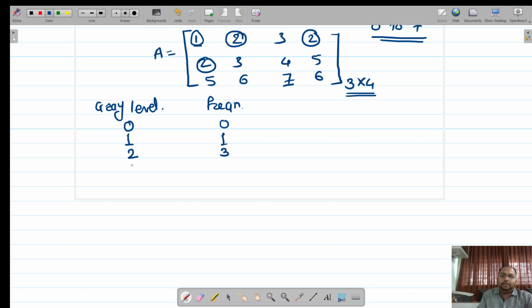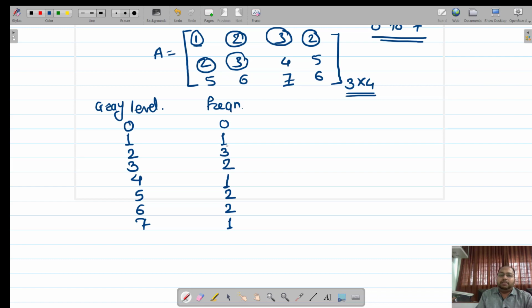And 3? It is repeated 2 times. What about 4? 4 is repeated 1 time only. What about 5? It is repeated 2 times. What about 6? It is also repeated 2 times. And 7 occurs 1 time.